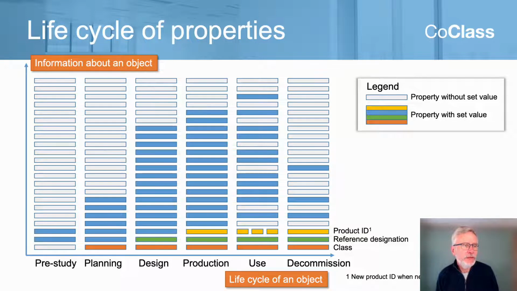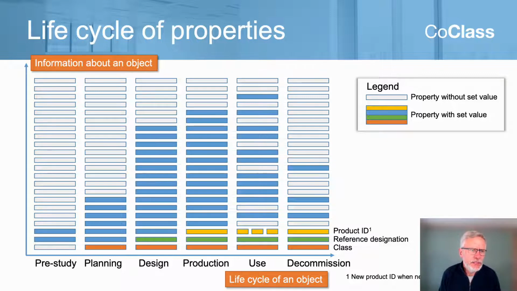Which object to assign or which is useful varies very much through the life cycle. In the pre-study, you don't need much, you don't know much, so there are very few properties. But as planning, design, production goes on and use, the number of useful properties grow. But they're not always the same.